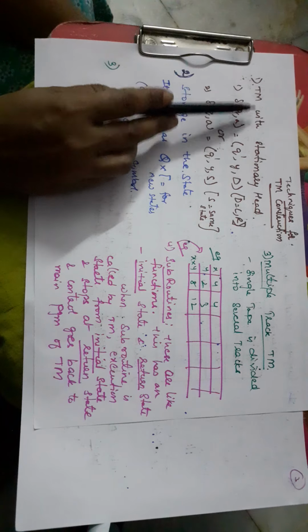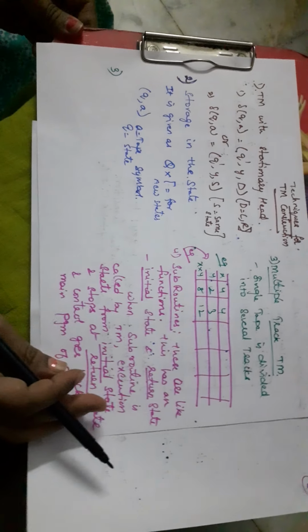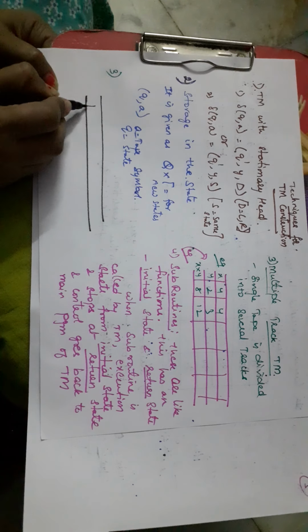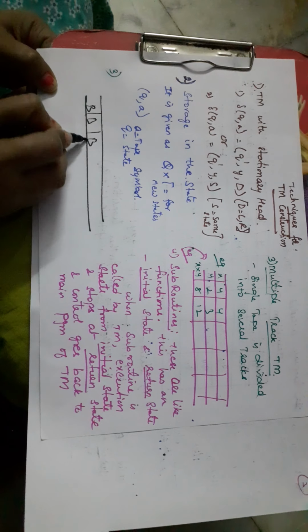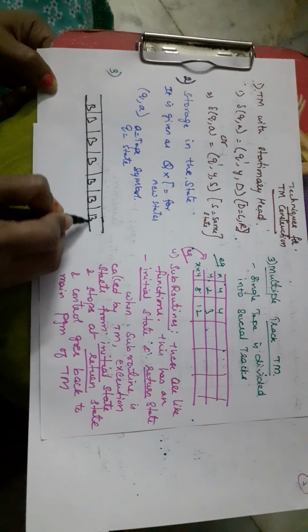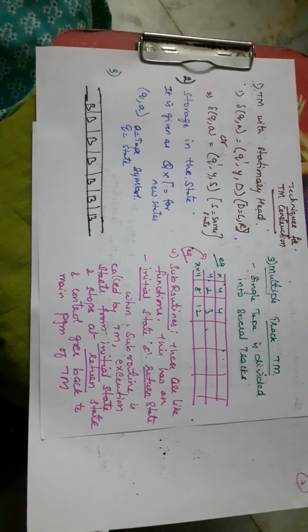So, first one is Turing machine with a stationary head. We know the structure of a Turing machine. Normally this is an infinite tape, and the Turing machine is a theoretical model. It resembles the computer.